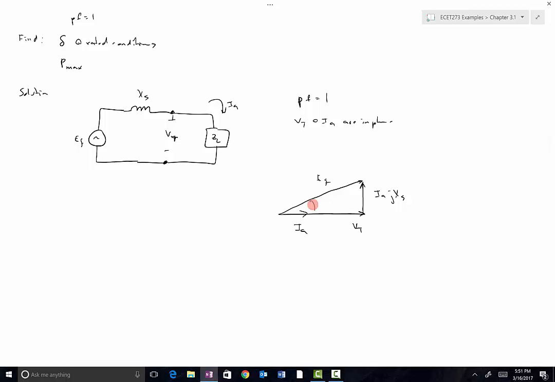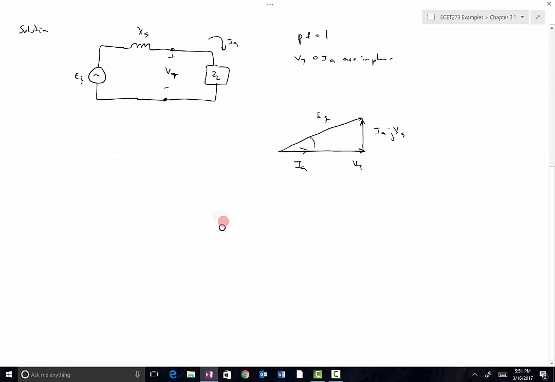For this power factor equal to 1, we get the simplified equation that EF squared is equal to VT squared plus IA jXS squared. It's a triangle, so these are the magnitudes of those sides.